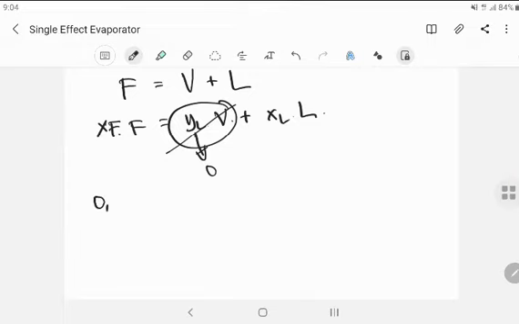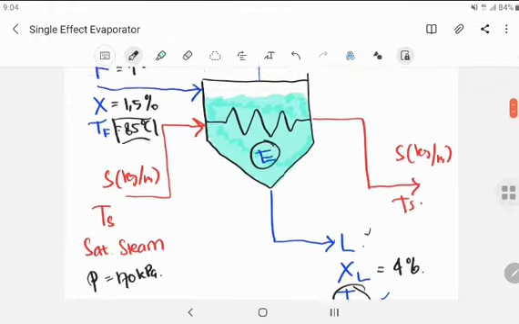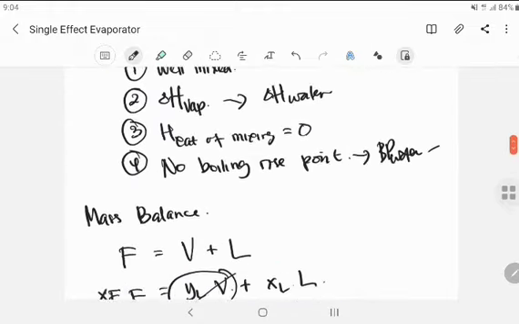Now we can just write down the information that we have. The fraction of the solid at the feed is 0.015 times the feed itself, 7,500.